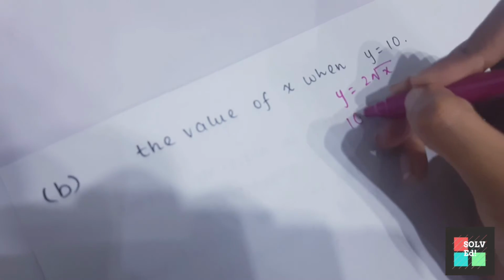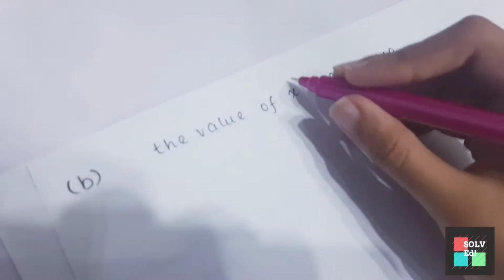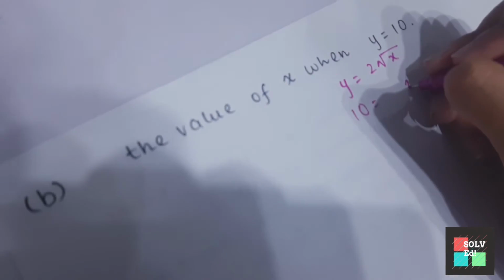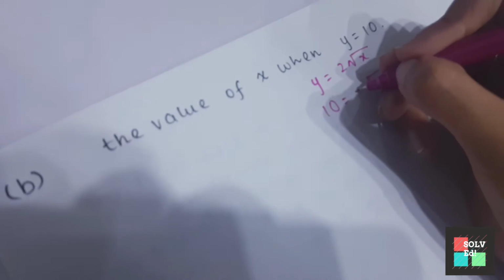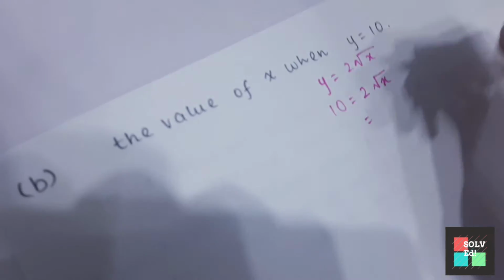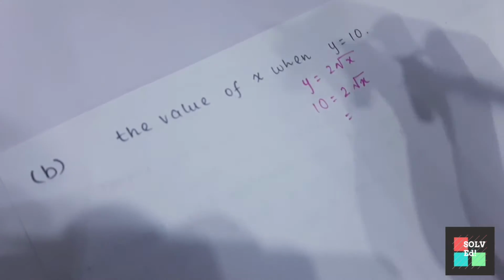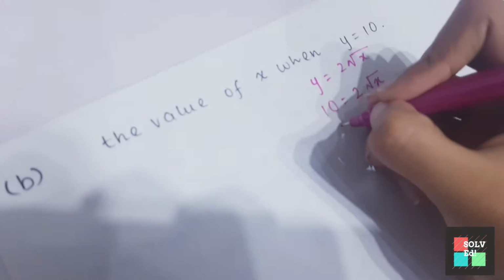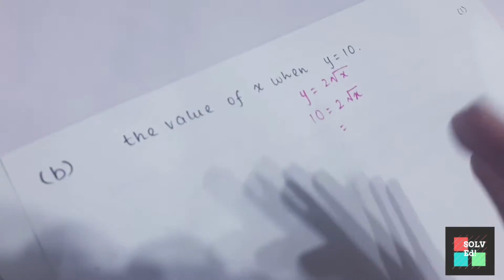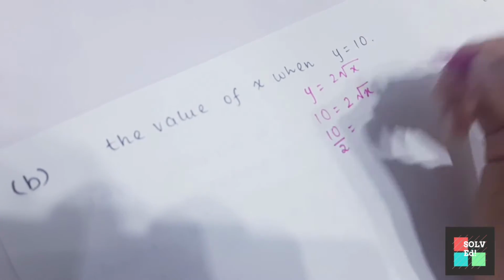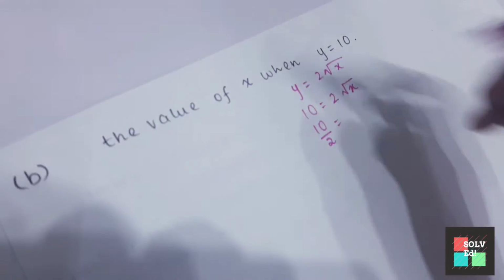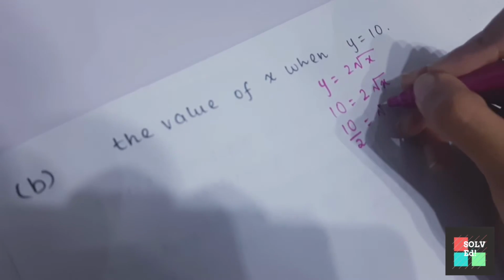So in this situation, y equals 10, and we don't know the value of x, so x will remain as it is under the root, and k is right here as 2, as we found out in the previous part. So now we're just going to algebraically solve this. 10 divided by 2, divide both sides by 2, you get this.